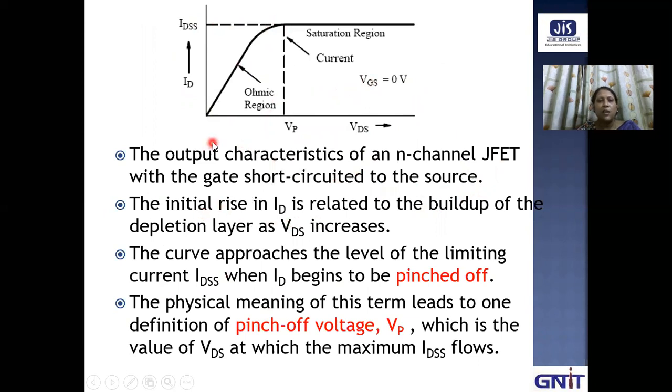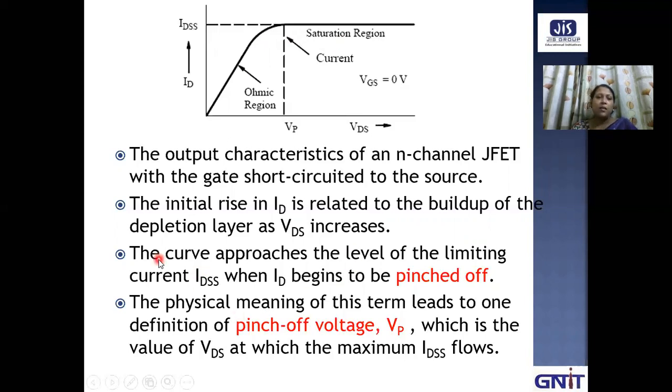The initial rise in ID is related to the buildup of the depletion layer as VDS increases. So it was gradually increasing, but after some time the increase of current has stopped and it is getting saturated.